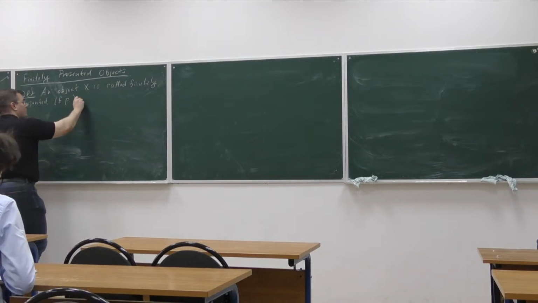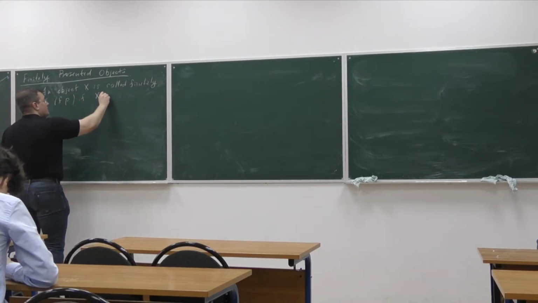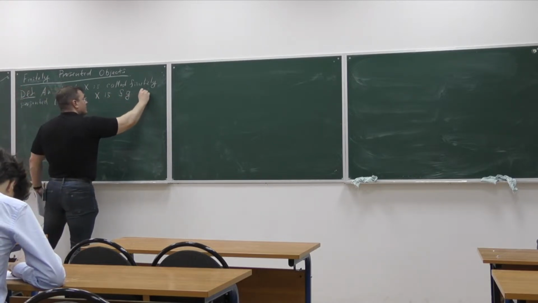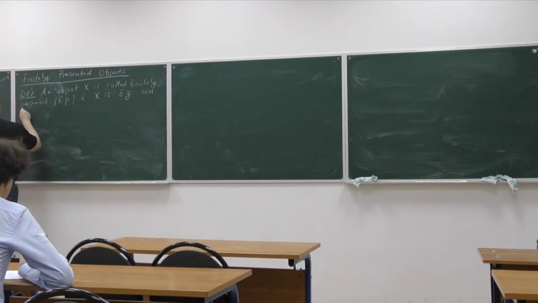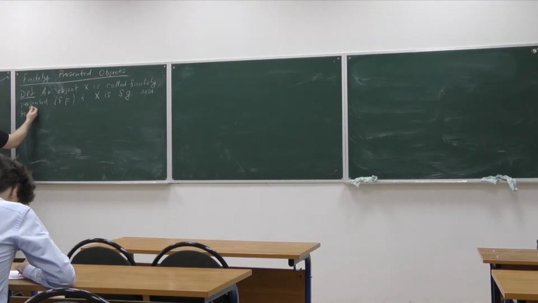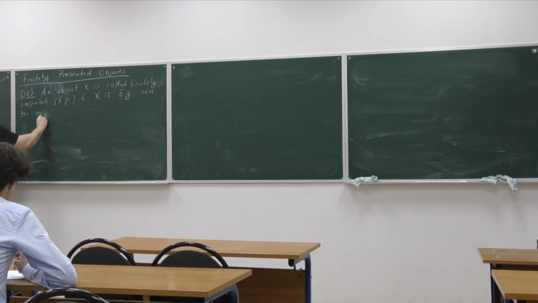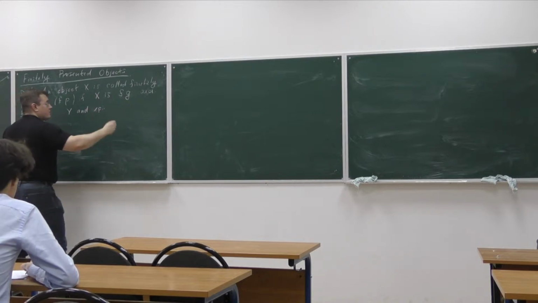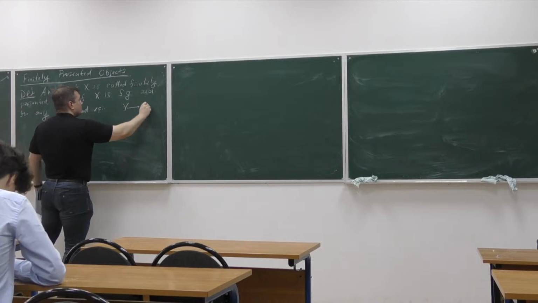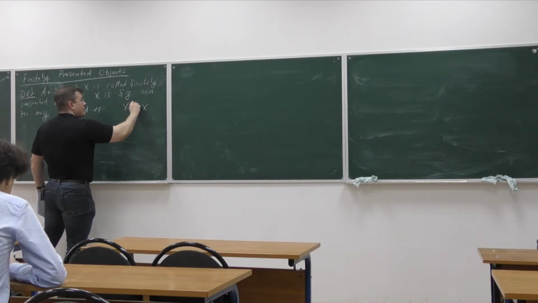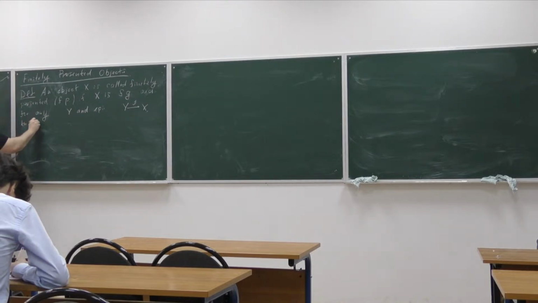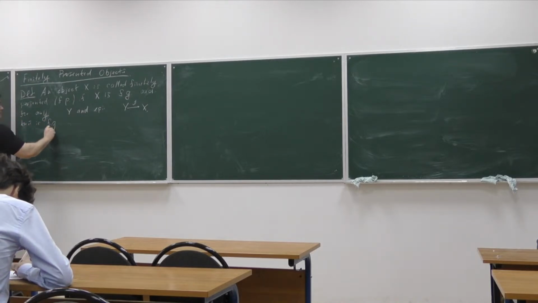So first of all, X is finitely generated, and for any Y, another object, and epimorphism pi from Y to X, the kernel of pi is finitely generated.